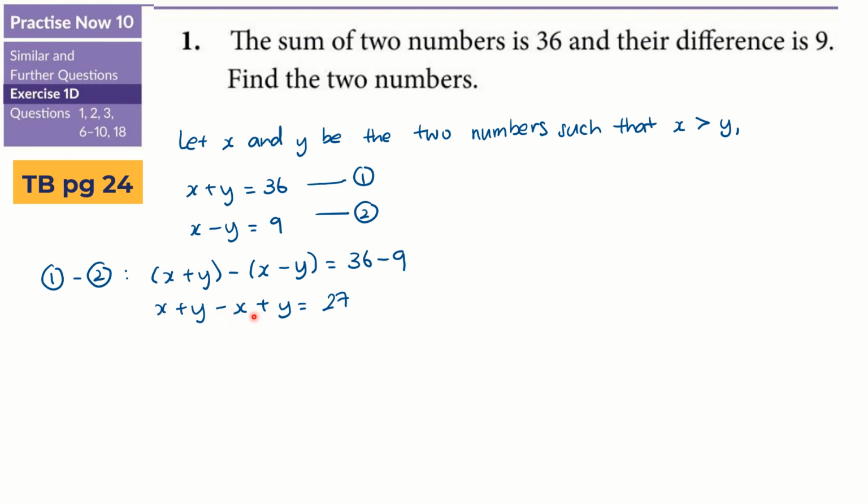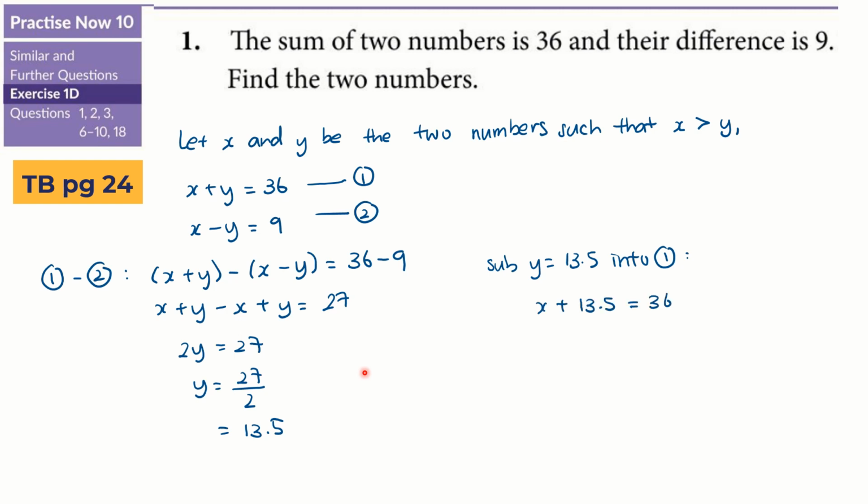So x minus x becomes 0, my x is eliminated, so I will have 2y = 27, hence y = 13.5. Now that I have found y, I need to find the value of x. Substituting y = 13.5 into equation 1, or you can put it into equation 2, you will be able to find that x + 13.5 = 36, and therefore x = 22.5.